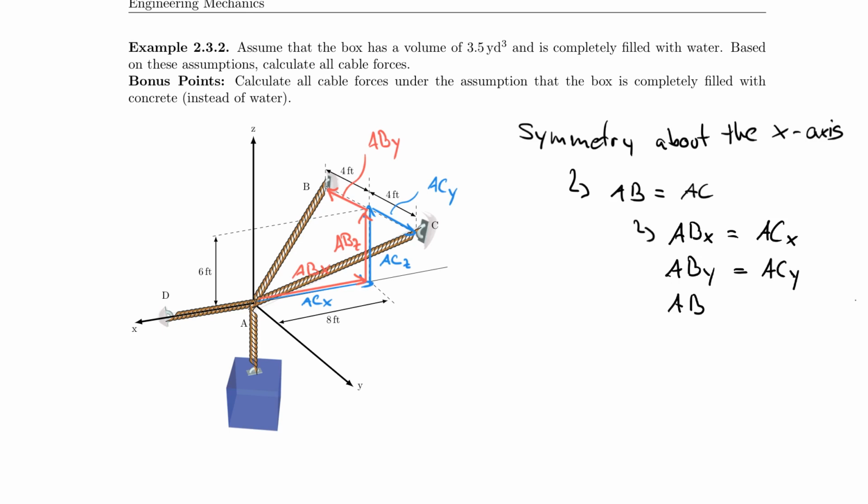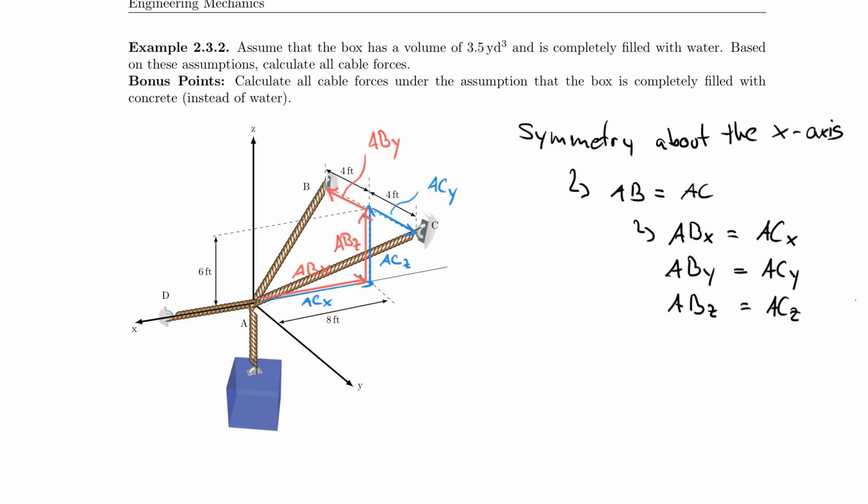Actually, let's complete it because it's so simple to write it down. ACZ. So now I can say that 1/2 of this weight has to be balanced by one of the forces, right? So let's say ACZ has to hold this. So I already know that whatever the weight is of this box, I have the weight in the uplift here.